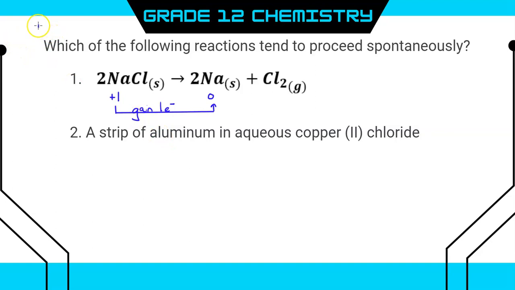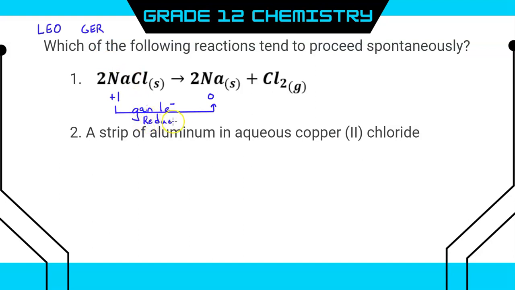If you follow this little mnemonic of LEO says GER, which my students much prefer over the one I came up with. So LEO says GER. Losing electrons is oxidation. Gaining electrons is reduction. So this is being reduced.